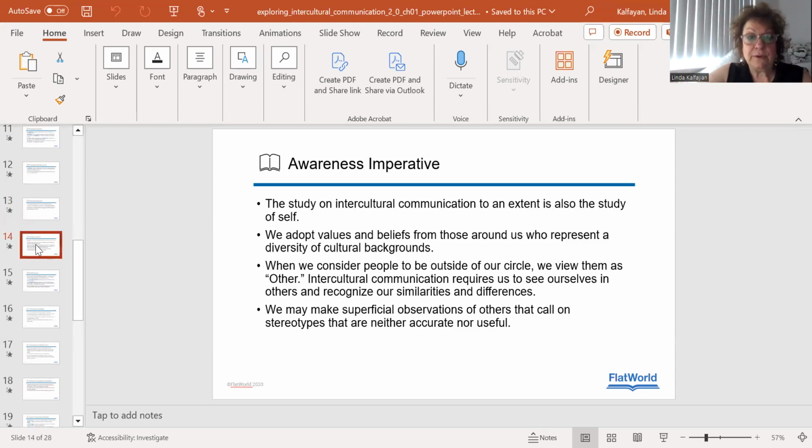Okay, and before we continue: awareness imperative. The study of intercultural communication to an extent is also the study of self. After all the past slides, what are your core beliefs? How does this affect your intrapersonal communication within yourself? How does this change?